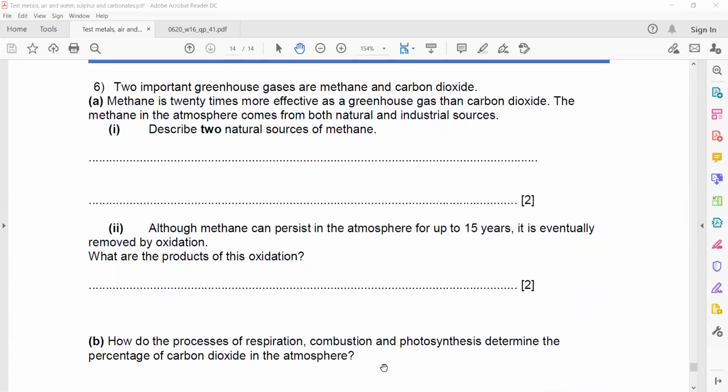Two important greenhouse gases are there. We have to mention the sources of methane. So what are the sources of methane?